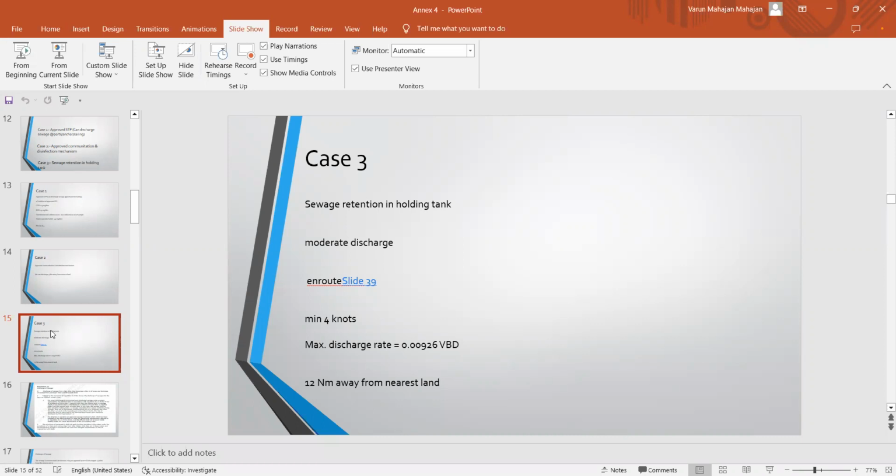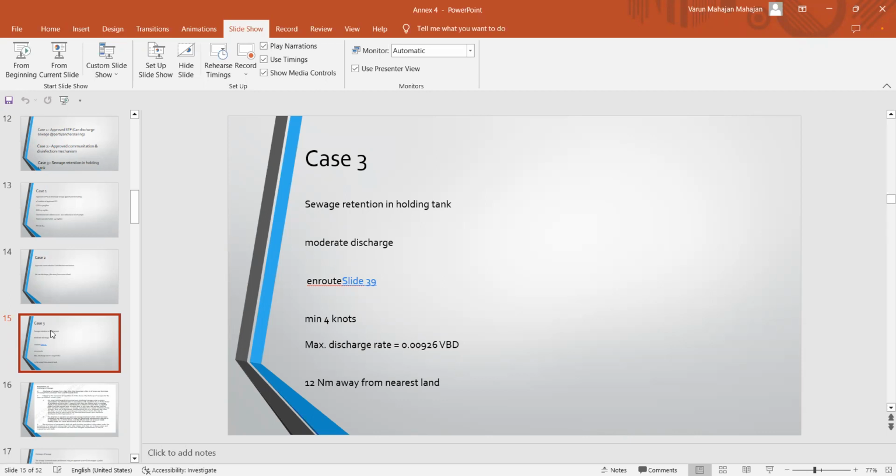Now what is your question? I want to know, sir, in the last slide you told us from the holding tank to this criteria. So is this treated sewage or untreated sewage?